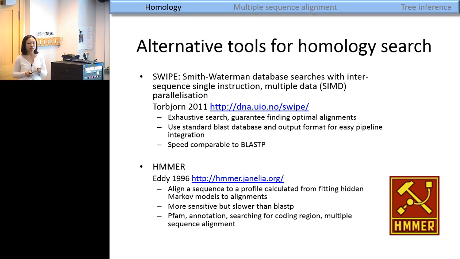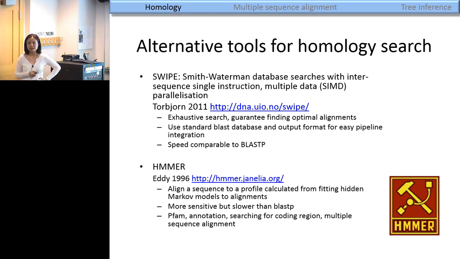Actually, the predefined scoring matrix is quite a problem for both BLAST and SWIPE, because most of those scoring matrices are pretty old, most of them at least a decade old. And they were originally from a very small database, a small alignment, some of them just from vertebrates or something. So they could be pretty off for your data set.